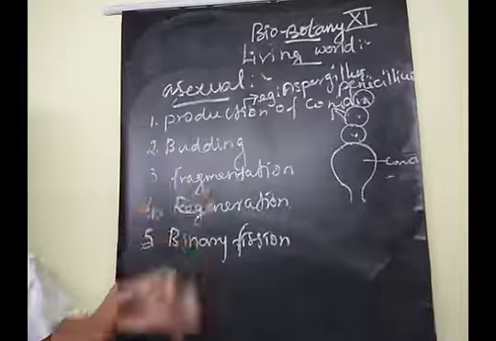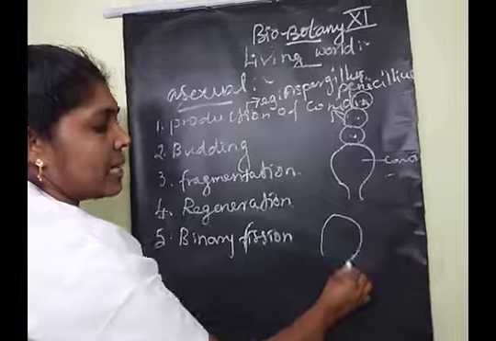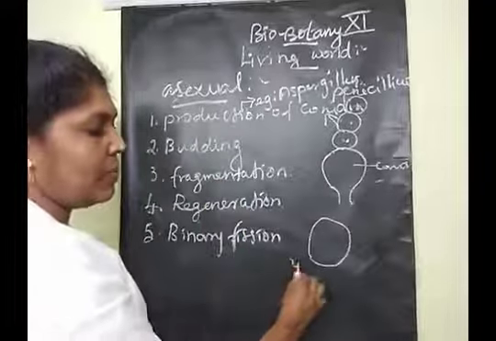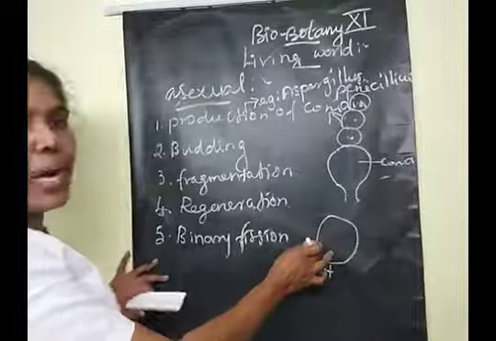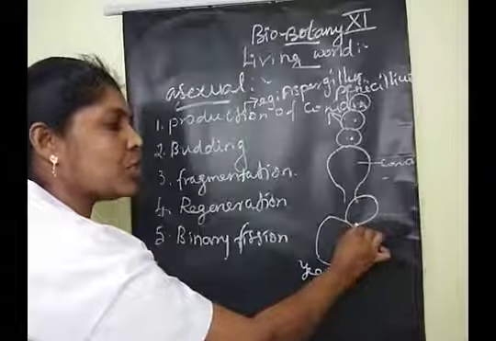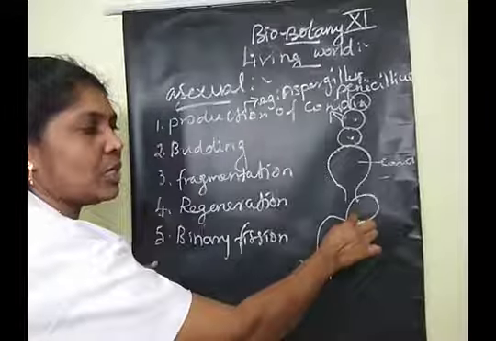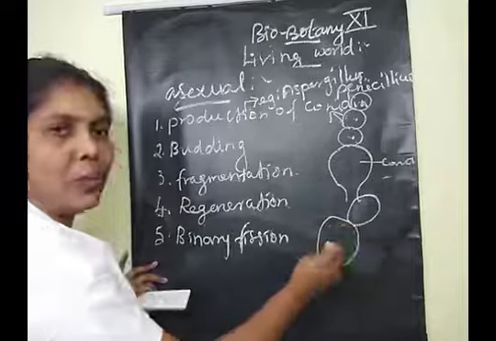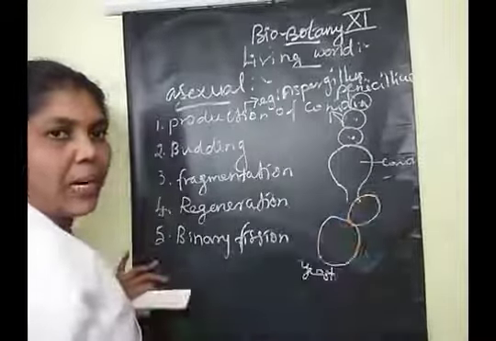Budding means, the plant body, that is the parent body, has structures like this. Suppose, for example, yeast cells. Imagine this is one yeast cell. This is the parent body. From the parent body, one outgrowth-like structure is present. After this outgrowth is separated or detached from the parent, it survives independently.